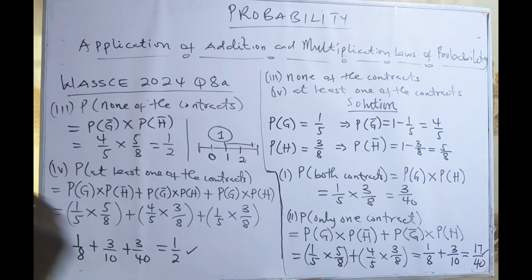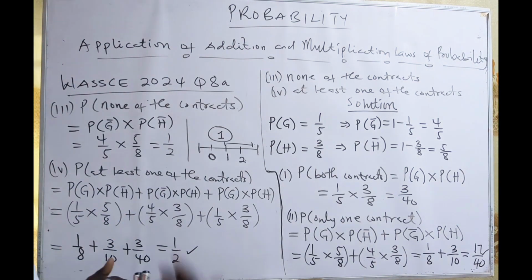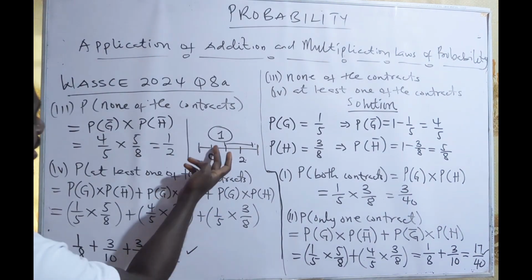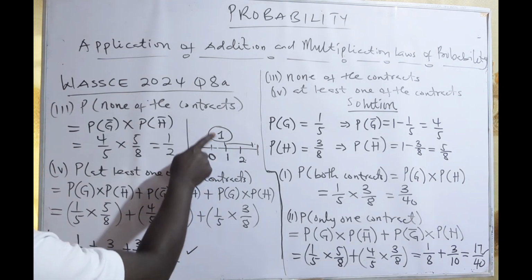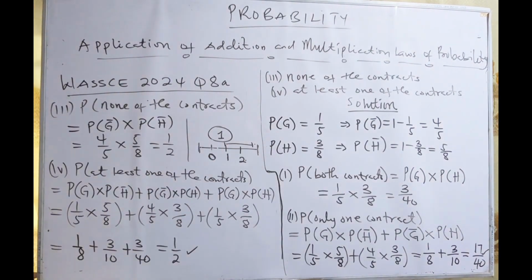Because sometimes you can be given 3 or 4 events and be asked for at least. To save time, you find the probability of the other side and subtract from 1 so that you get whatever you need. Here you find the probability of this particular side, which the question is not demanding from us, but when we subtract from 1, we get what the question is demanding.